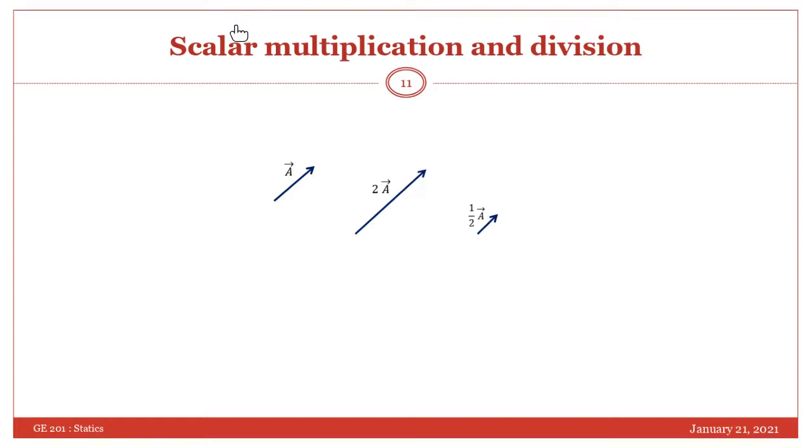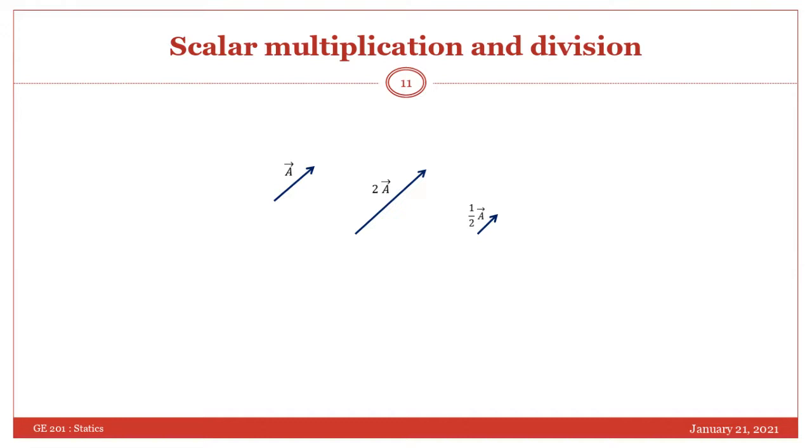Now I come to scalar multiplication and division. There is also vector multiplication, which I will discuss after this. Here we are talking about scalar multiplication. It means if you have a vector and you multiply it by a certain value like 2, 3, 4, 5, what will happen?